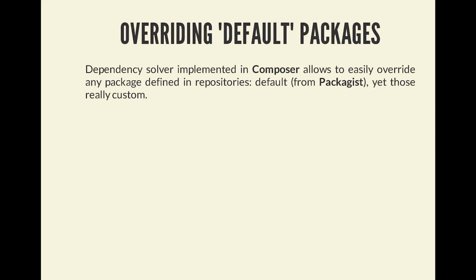It's possible because the solver in Composer is built in a way to allow custom repositories to be prioritized over the default one, which here is Packagist. Yet similar stuff like Zend will also be matched as custom, not as the default one. So if any package is conflicting with the same name at Packagist, it will prioritize the framework, not Packagist itself.